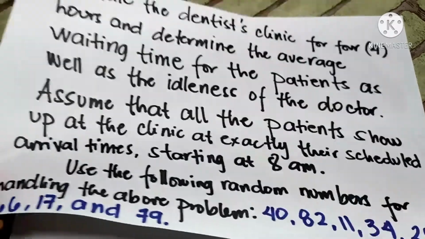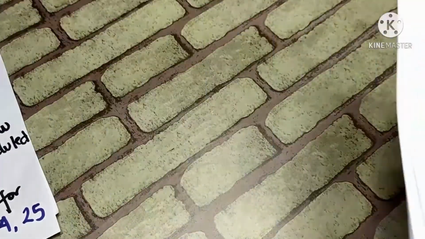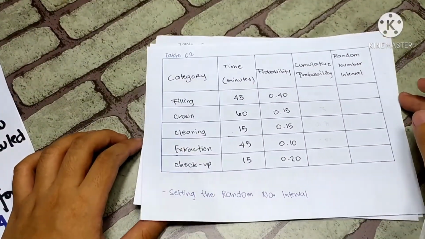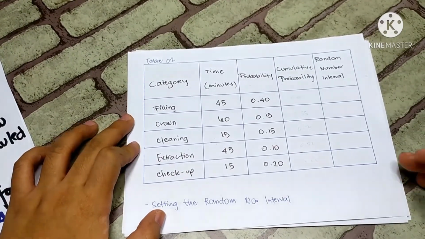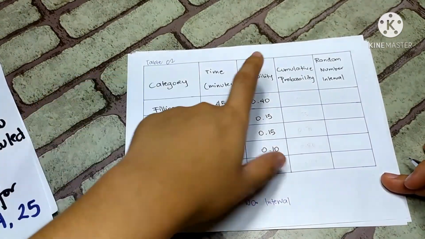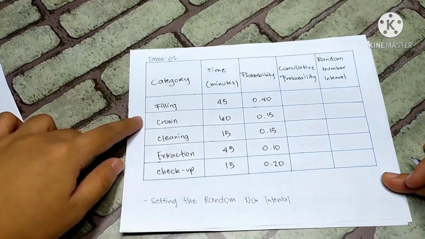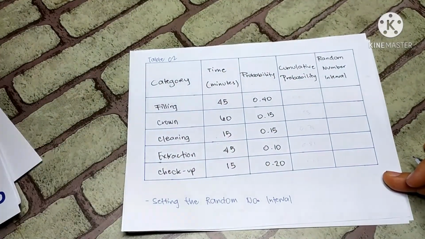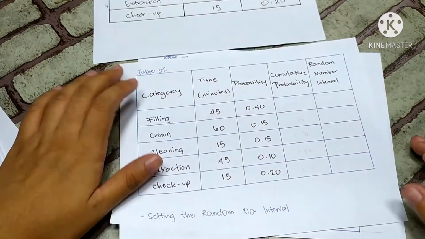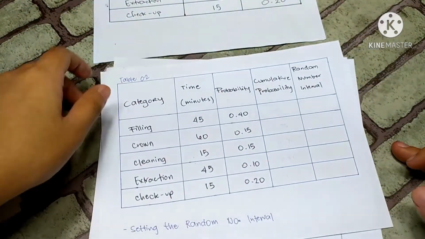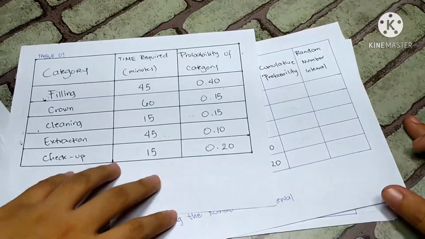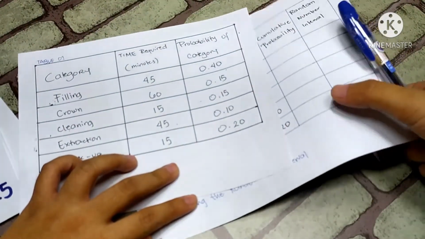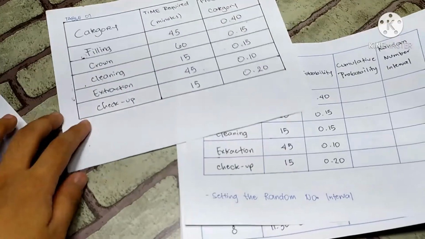So, ano nang gagawin? Sa table 2, ilalagay natin yung cumulative probability which is given sa table 1. So, sa table 1, kinopya lang natin yung 5 categories which are filling, crown, cleaning, extraction, and check-up.